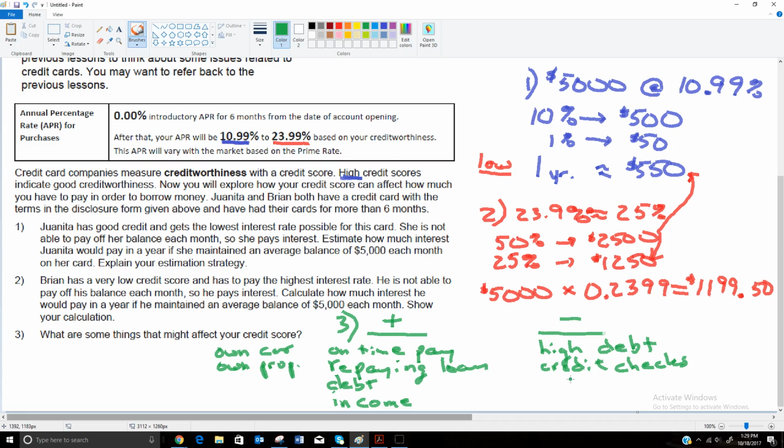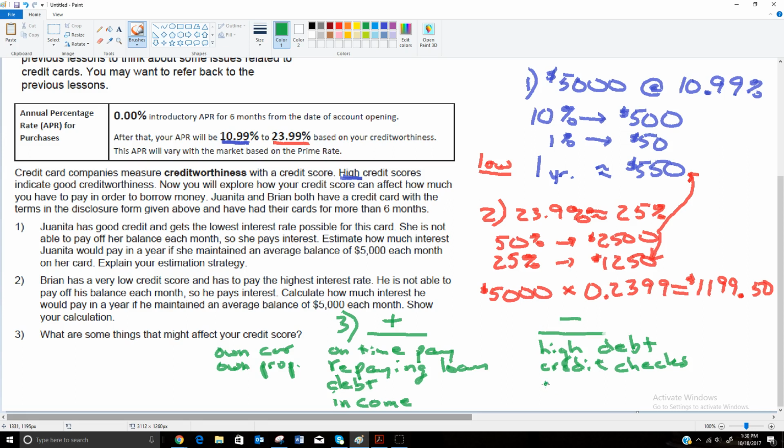But then a hard credit check is when they go to the credit reporting agencies and get all the information that they have, and notify them that you're doing that. And the reason that lowers your credit score is because that indicates to them that you're trying to get more credit. And so if you're trying to get more credit, then they take that as a hit. I know all this stuff seems a little weird. I didn't make the rules.